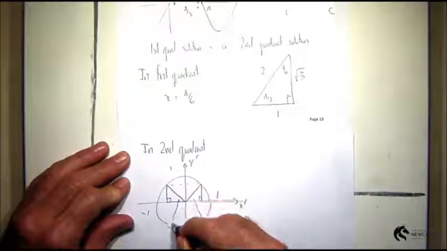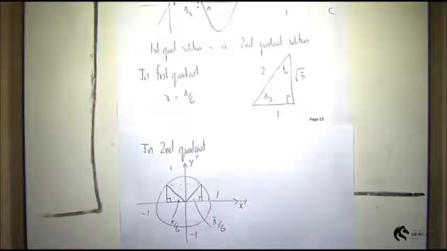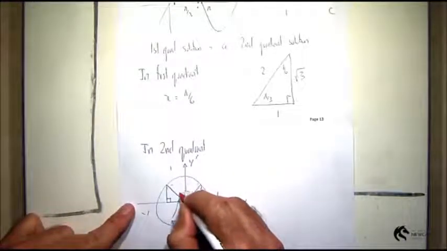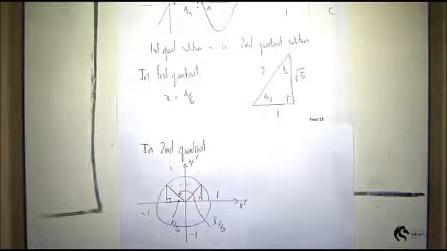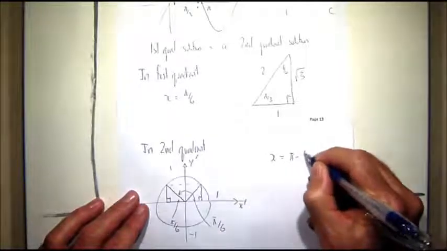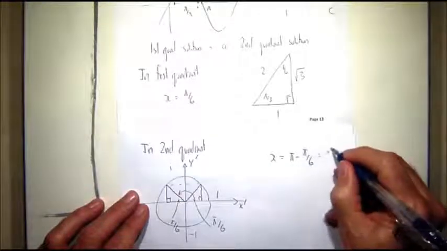That angle there is pi on 6. And so the second quadrant angle is this one, from the positive x-axis around to there. And you can see that that angle will be pi minus pi on 6. And so our second quadrant angle here is x is equal to pi minus pi on 6. So that's 6 pi on 6, and so that ends up being 5 pi on 6.